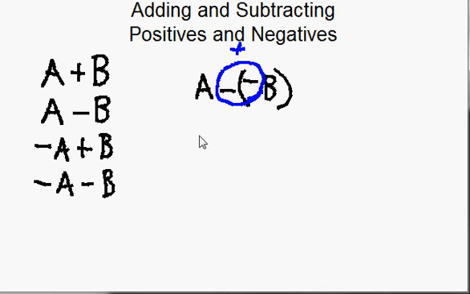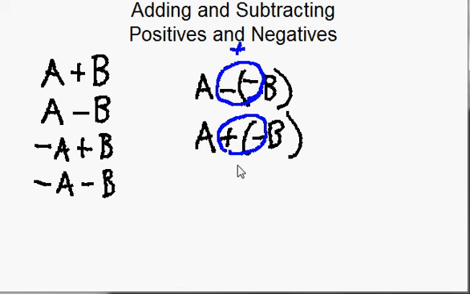Okay, so similarly, if I have A plus negative B, if I have a plus and a minus next to each other, I can combine those together to make a minus. So this top one would be just A plus B, and this one here would be A minus B.